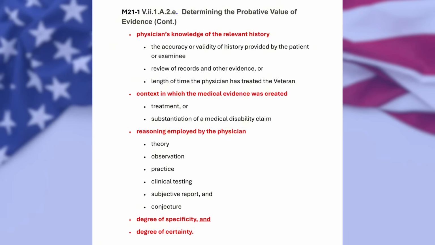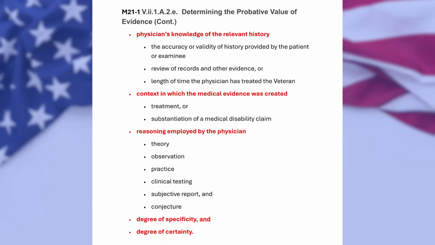So guess what you're putting in that DBQ and Nexus statement? These things right here, people: physician's knowledge of the relevant history. If they've been treating you for 2 months, 3 months, 2 years, 3 years, there is a history. There is a paper trail. Context in which the medical evidence was created. Treatment is based off of treatment, okay?